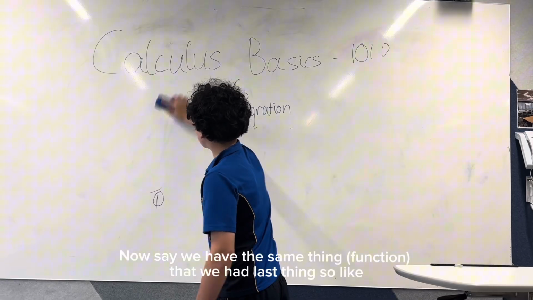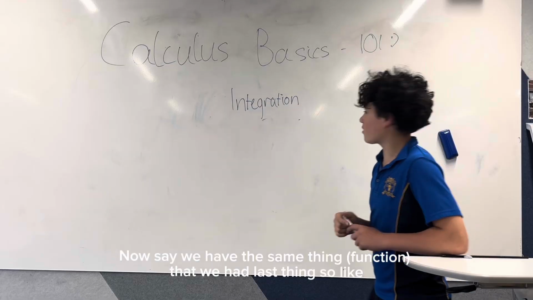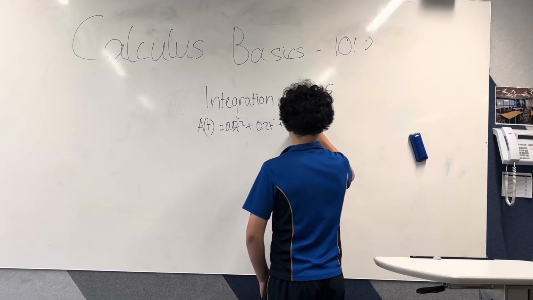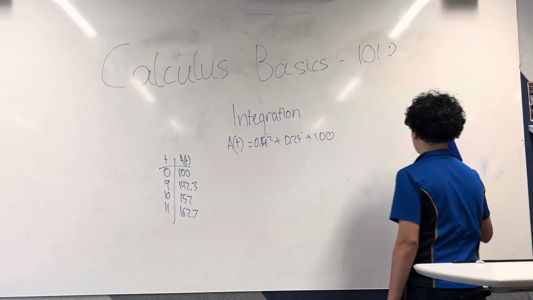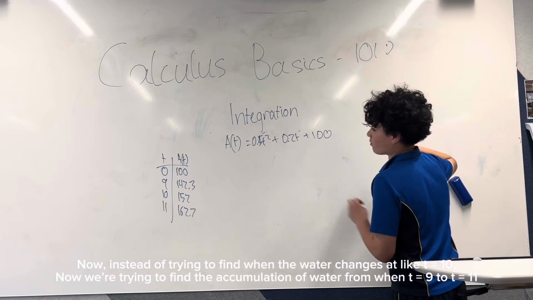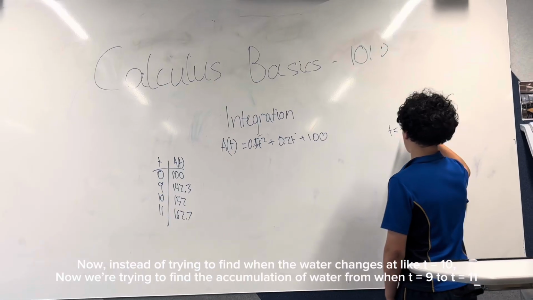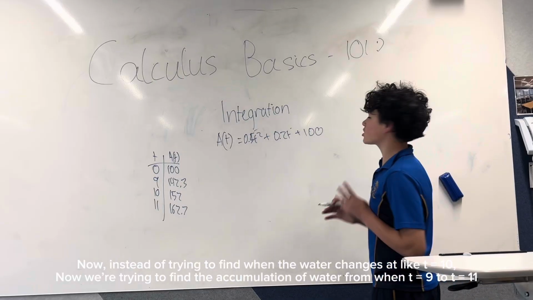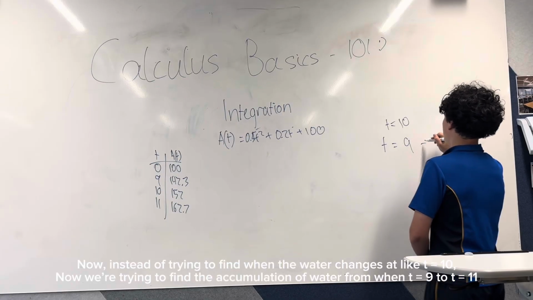Now, say we have the same thing that we had last time. Pretty sure that was it. Now, instead of trying to find the rate the water changes at T equals 10, we're trying to find the accumulation of water from when T equals 9 to when T equals 11.